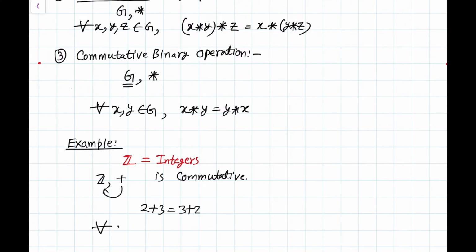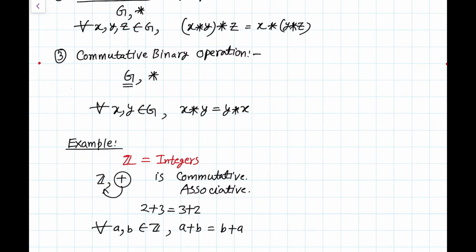So for any two elements in Z, a plus b is equal to b plus a. Similarly, addition is also associative, because we know addition in the real line and in integers is associative.